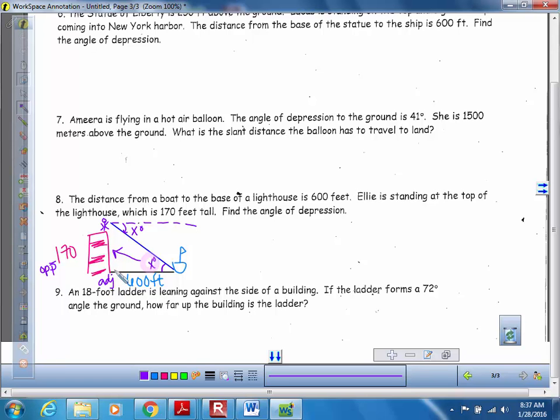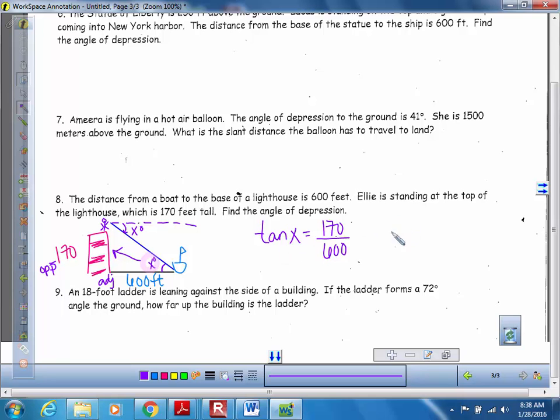And what you will notice about a lot of these is that we will end up using tangent very often. So again, tangent uses opposite and adjacent. So we do tangent of my angle measure, which is x, equals opposite, which is 170, over adjacent, which is 600. Remember, to separate a trig function and its angle measure, we have to do the inverse.